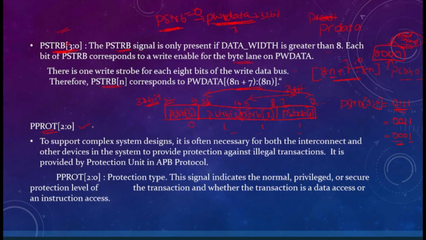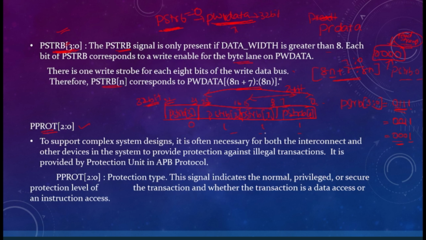And then coming to the PPROT signal. In order to support complex system design, when we are designing complex circuits, it is always necessary to have protection, because, as you already know, it is not easy to design the systems. So we should take protection before designing those signals.